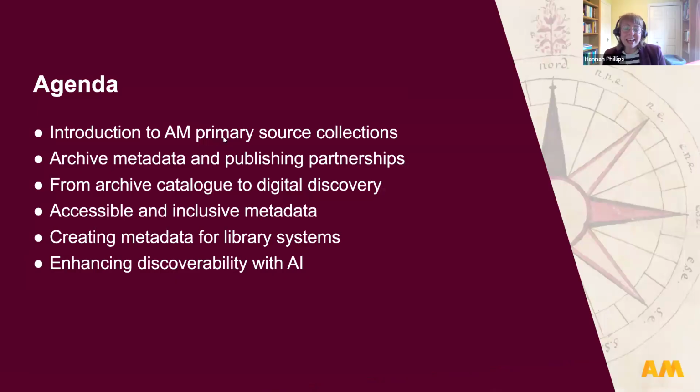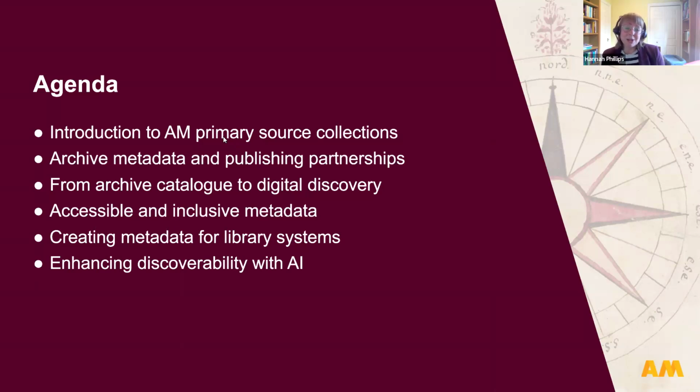Our agenda for today: I'm going to give a brief introduction to AM and our primary source collections, just a bit of who we are, and then I'm going to talk about how we partner with archives, hopefully giving a bit of context for the detail that Gail and Jen are going to give later.